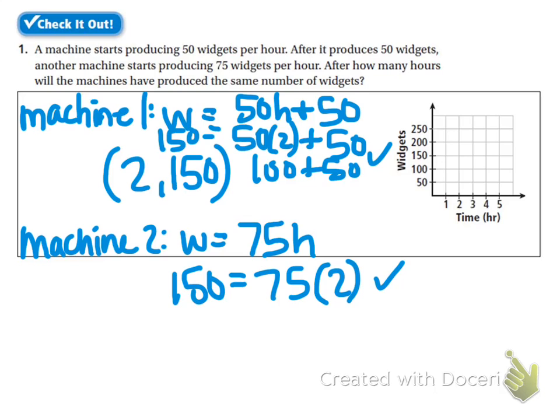So when they're both at, let's see, that would be 1, 125, and then the other one would be at 1, 50. Then they would cross their paths.